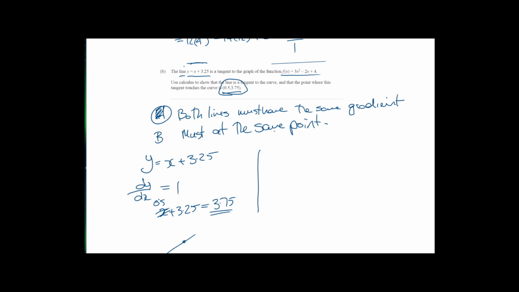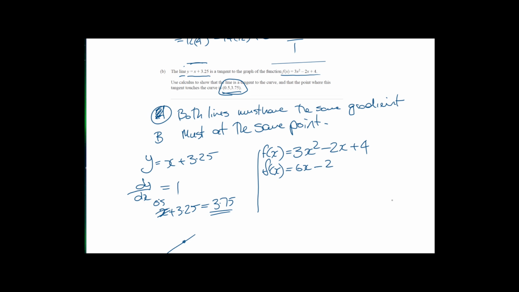Second line here. The original function is given as this. So when we differentiate it, we get 6x minus 2.